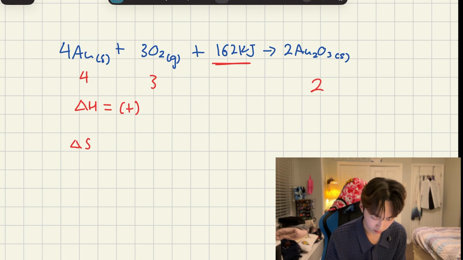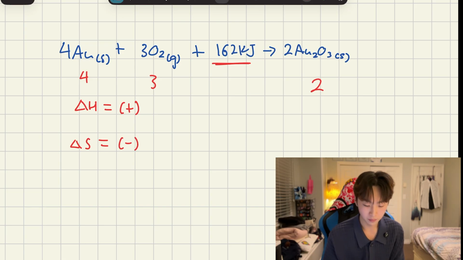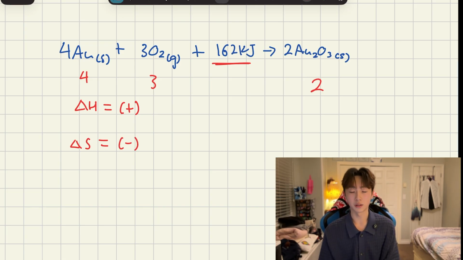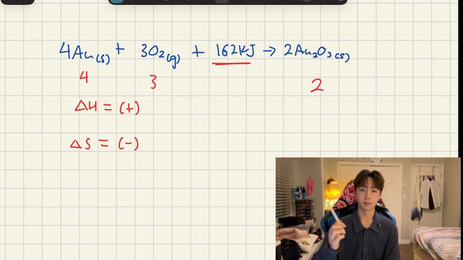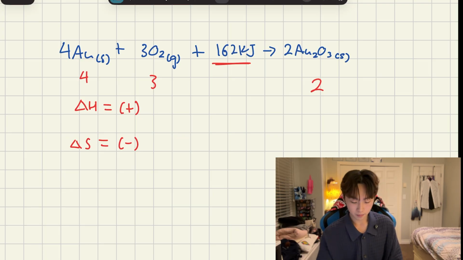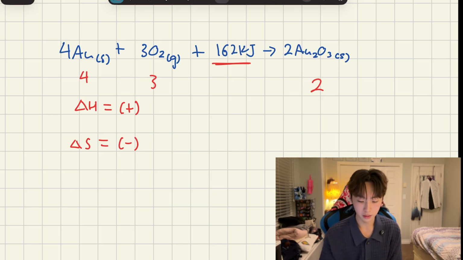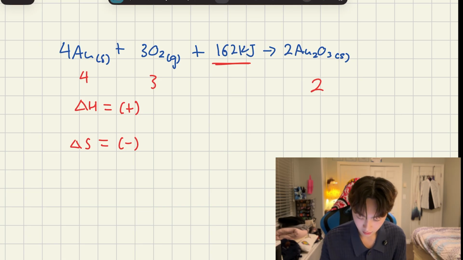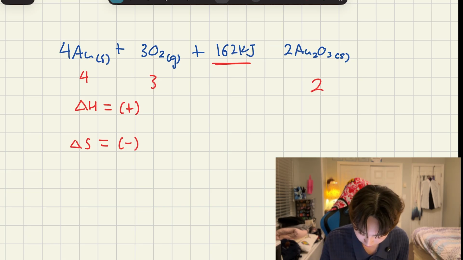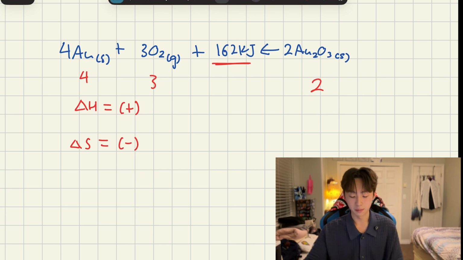So delta S is negative. And that also tells us that it'll drive towards the reactant side. And from this, we know that this reaction is non-spontaneous. So I'm going to delete this arrow and put a backwards arrow. Non-spontaneous.